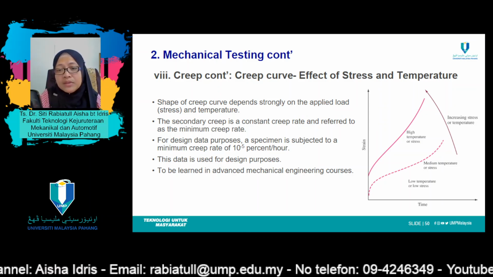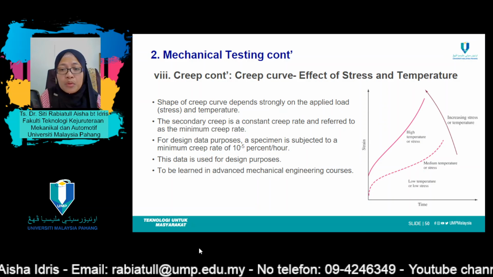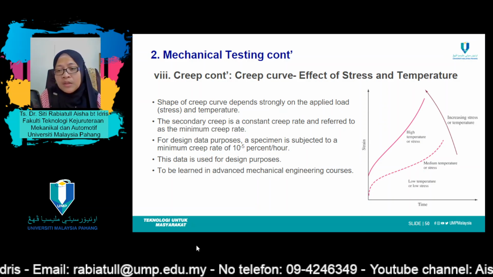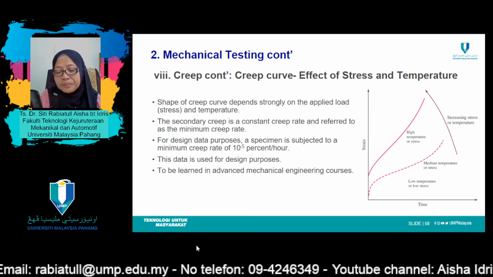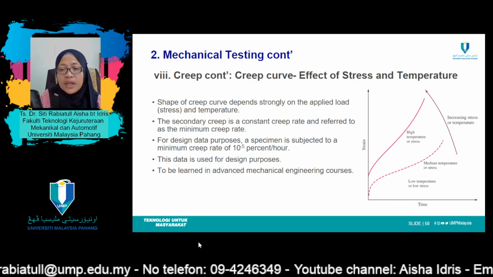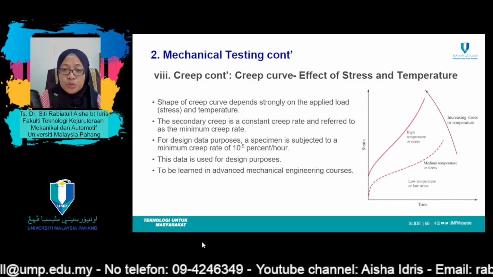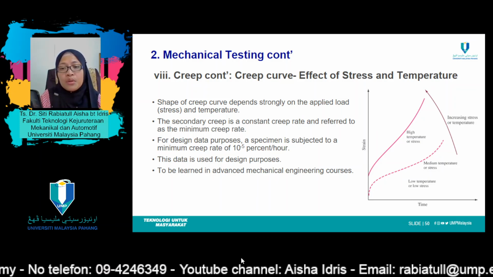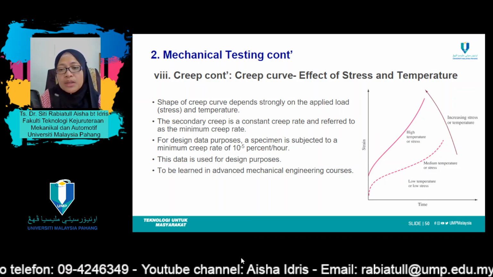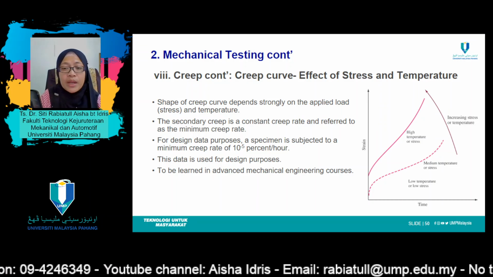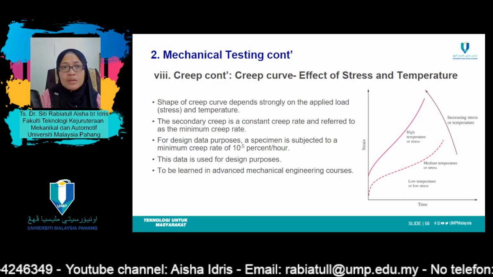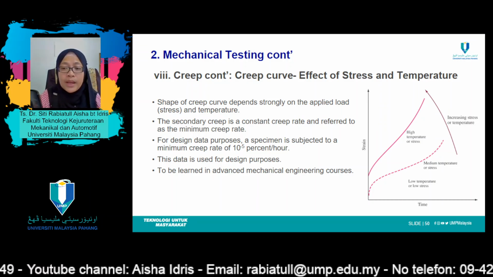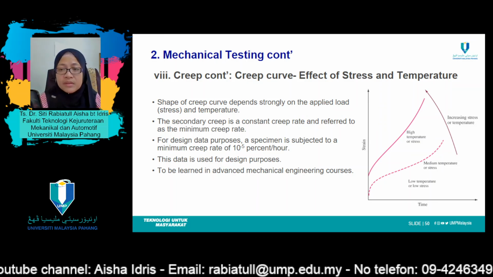This data is used for design purposes. However, this is only an introduction to you throughout this subject, and the detail or the advanced course you are going to learn in other subjects like mechanical design, solid mechanics, or strength of materials.